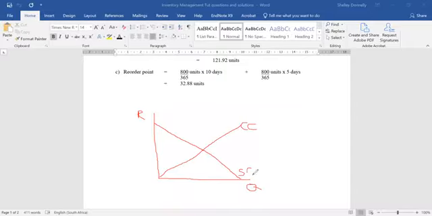Carrying costs increase as your order quantity increases. Shortage costs, or ordering costs, same thing, will obviously decrease as you hold more inventory.